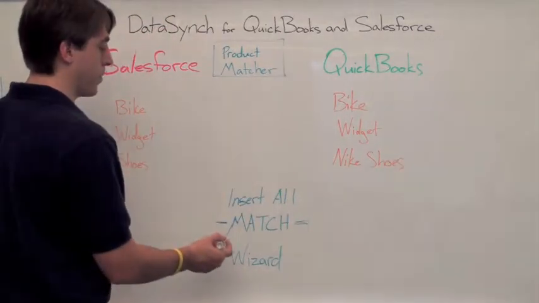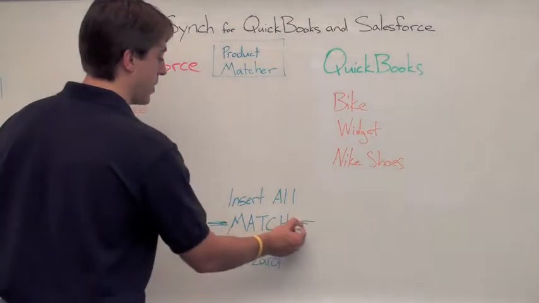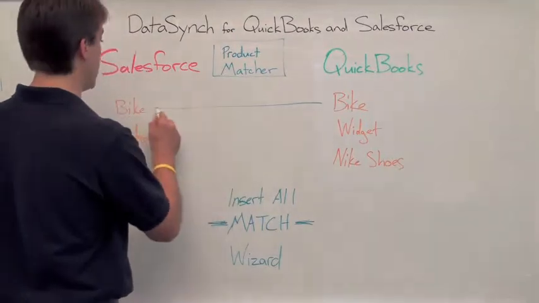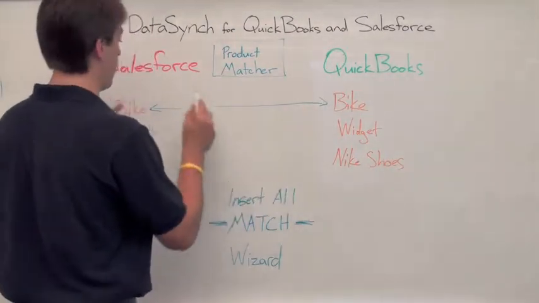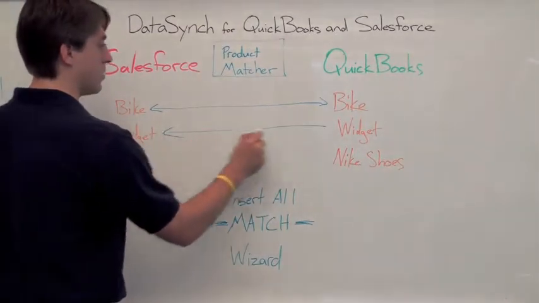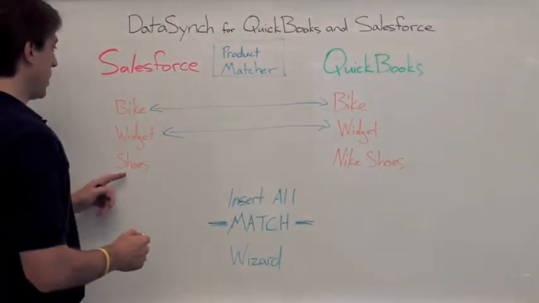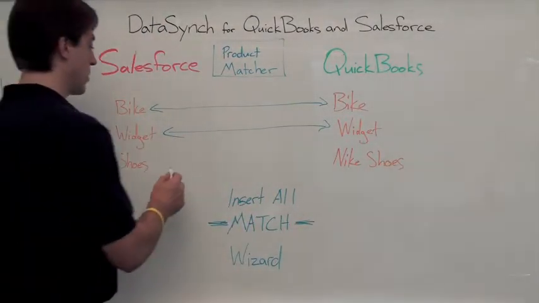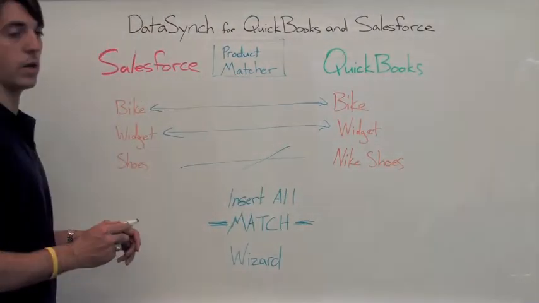You run the product matcher, the match functionality, and it's going to look and say, okay, well, bike and bike, these are exact matches, so these are linked. Widget and widget, well, these are linked because they're exactly the same. And we got shoes in Salesforce and Nike shoes in QuickBooks. It's going to go, wait a minute, nope, those don't equal.